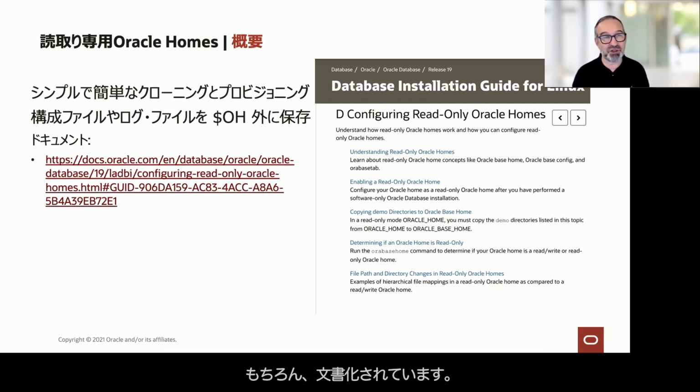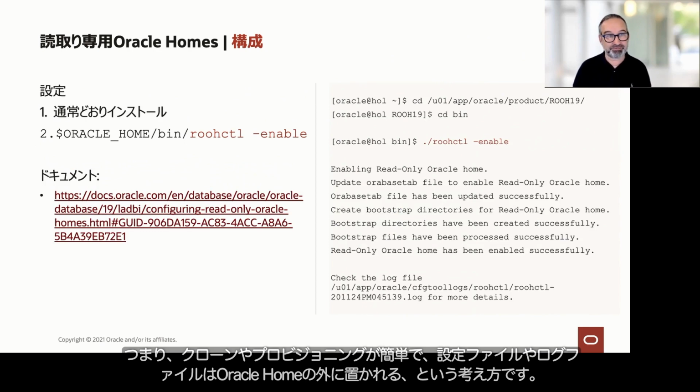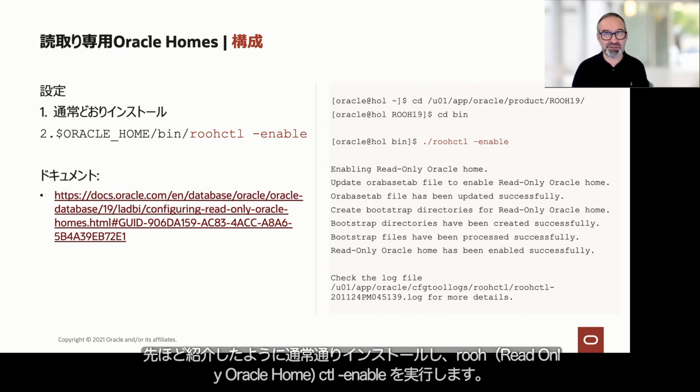It's of course documented. The idea is simple and easy cloning and provisioning, and configuration and log files stay outside of the Oracle home. What do you have to do here? It's very, very simple. You install as usual, as I showed you before, and then you run roohctl -enable, for read-only Oracle home.